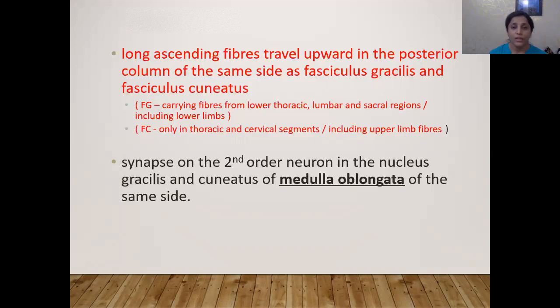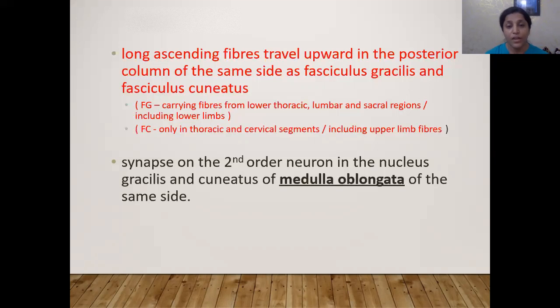And we all know that the lowermost part of the brain is the brain stem, which is formed by the midbrain, pons, and the medulla, which are the uppermost, middle, and lower parts of the brain stem. So the medulla oblongata is the part of the brain stem which lies in close approximation to the spinal cord. So ipsilaterally, on the same side, this first order neuron ascends and gets terminated on the nucleus.